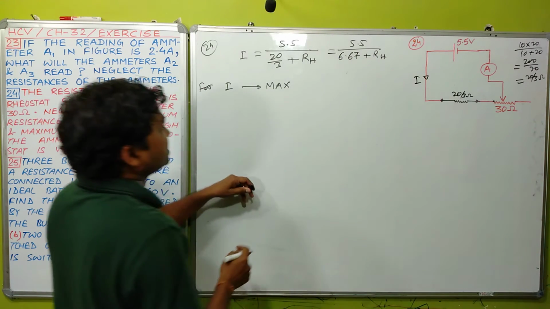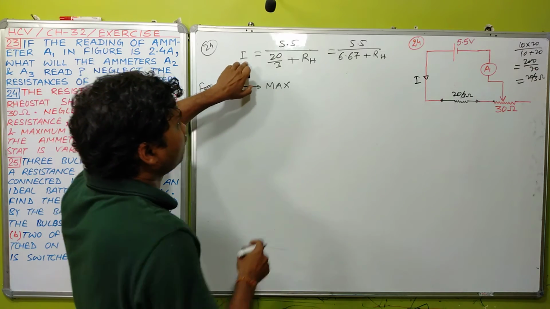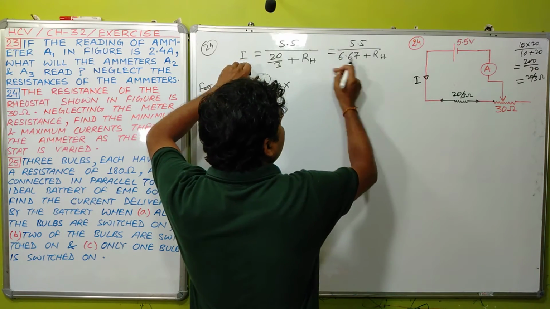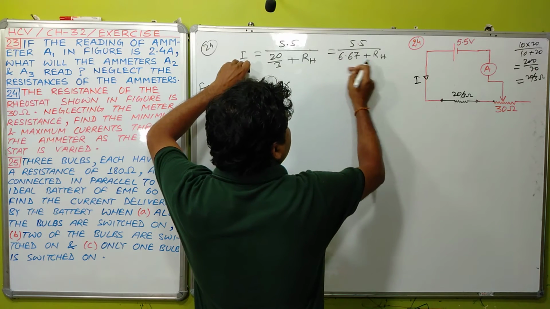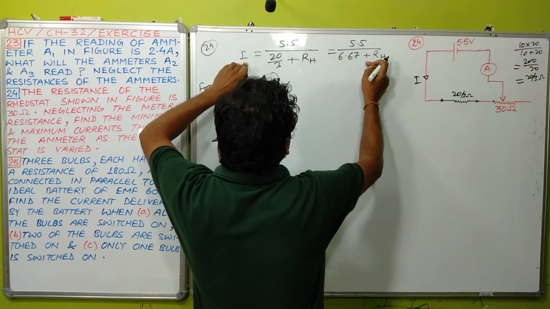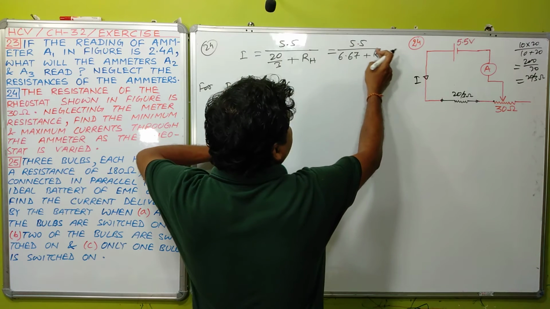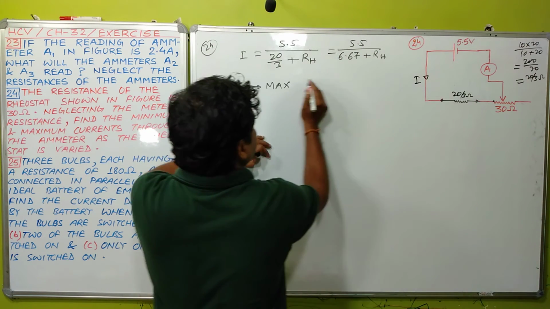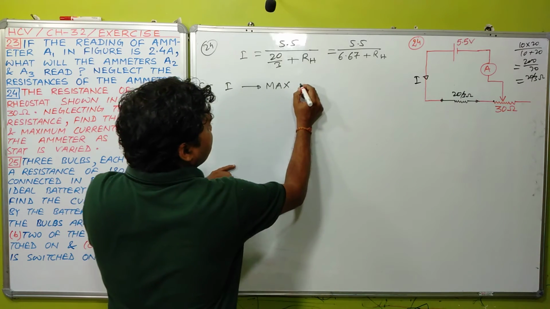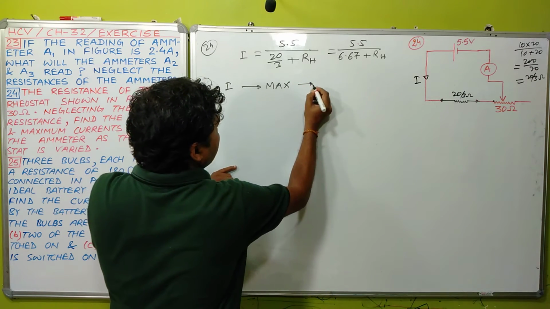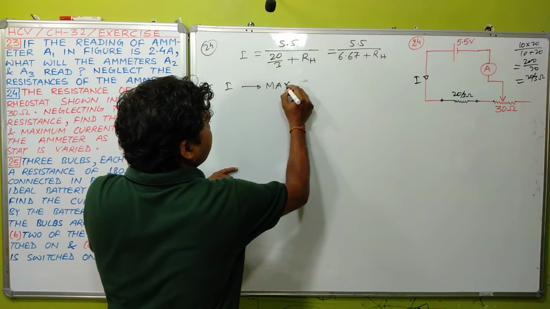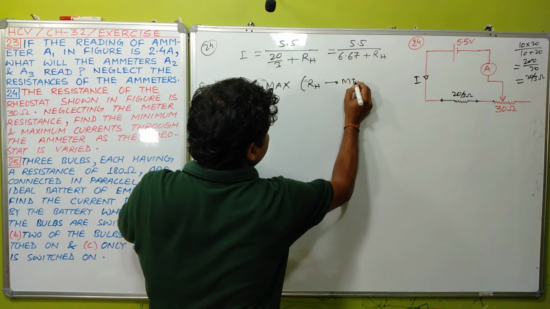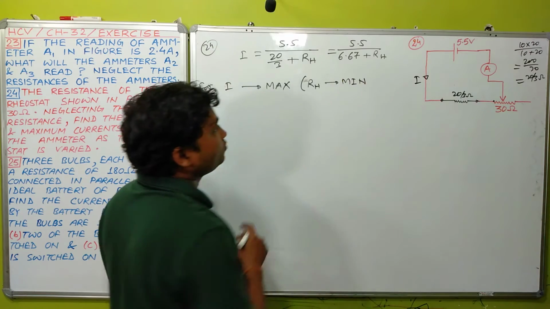Now for the maximum value of I, since these two are fixed, this term should be minimum. This term should be minimum for the maximum value of I, and this will be minimum when the value of RH is minimum. When I max, the value of RH should be minimum.